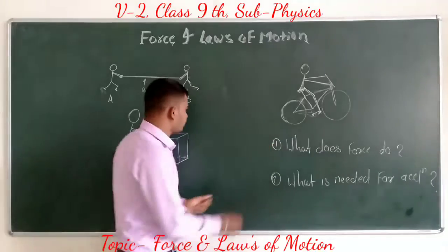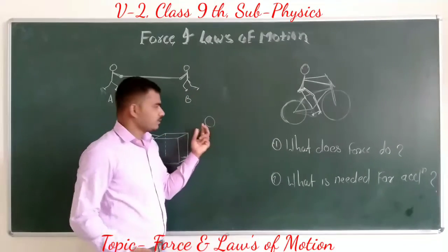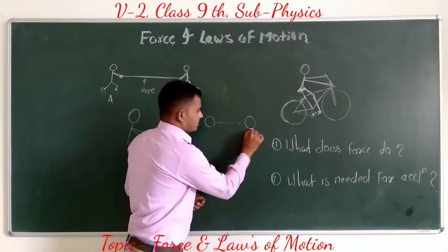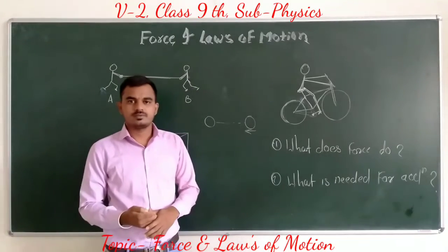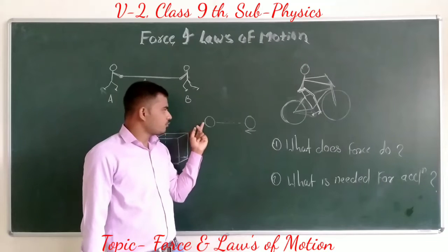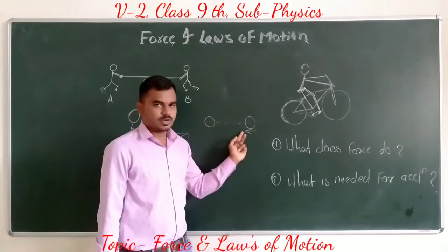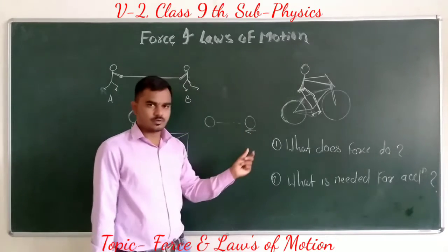Or, due to the frictional force, suppose that is a striker. If we strike the striker, it gets moving, and due to the frictional force, it stops after covering some distance. Means applying force is needed for movement, accelerating that coin, and frictional force is needed for stopping that coin.